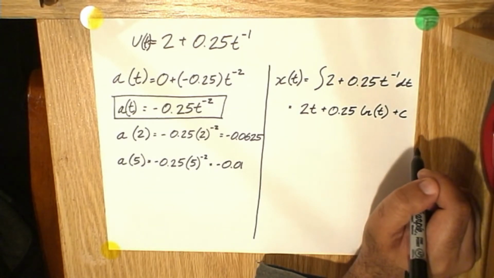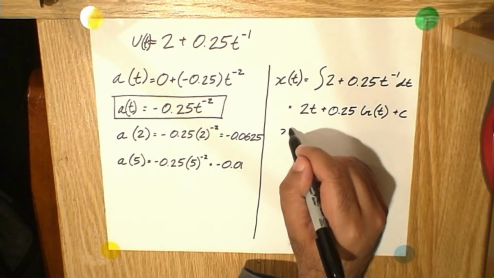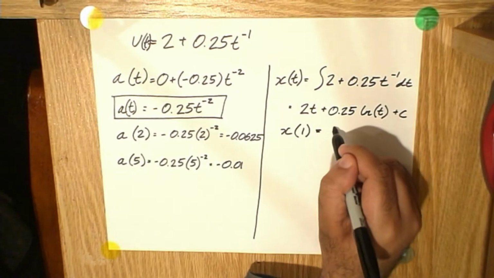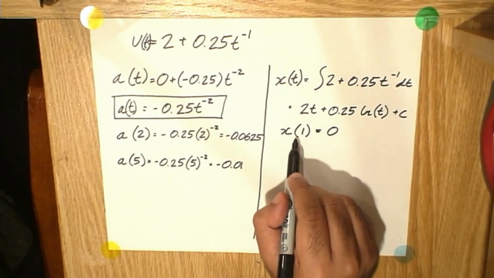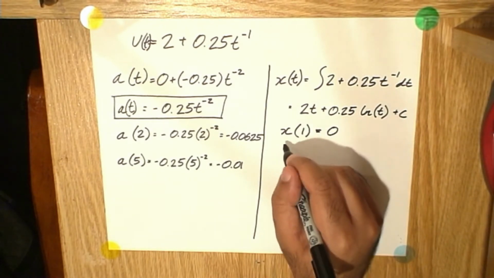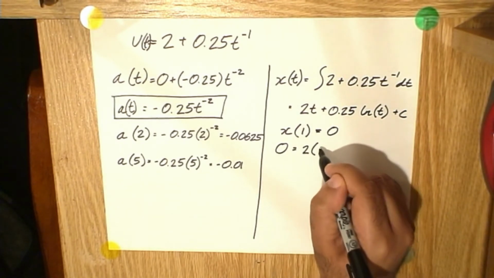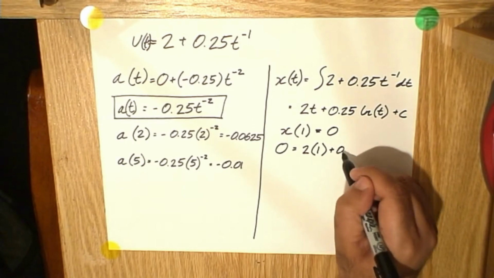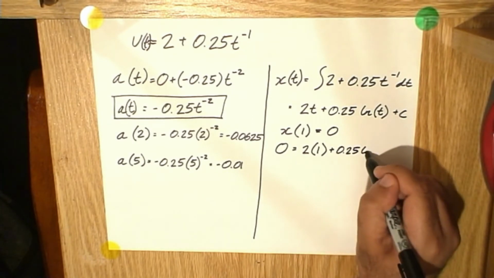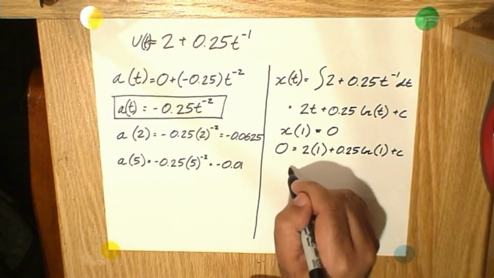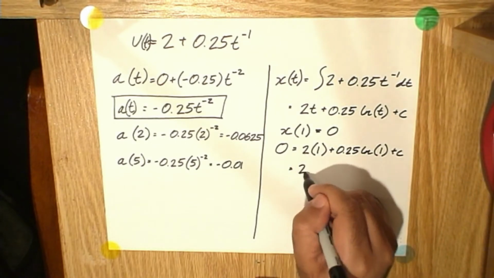Now, we were told that the x of 1 is equal to 0. So if I were to plug in 1 for t over here, I would get that 0 is equal to 2 times 1 plus 0.25 times the ln of 1 plus c. Now, 2 times 1 is 2.